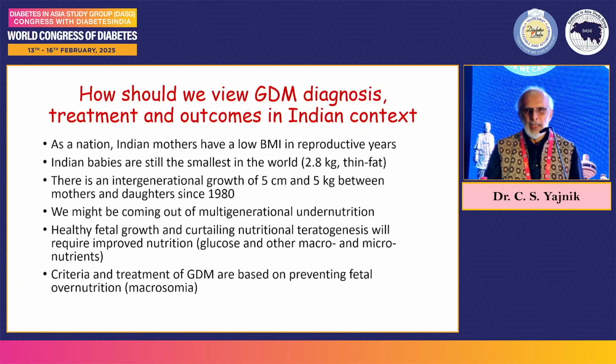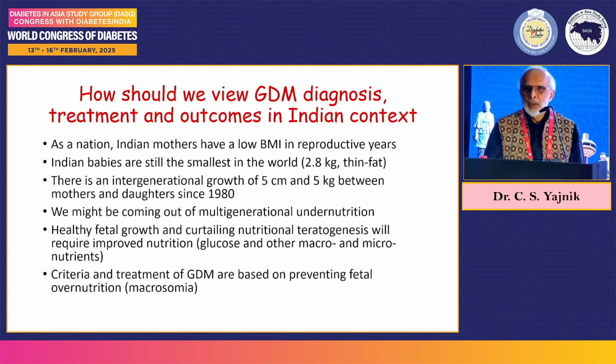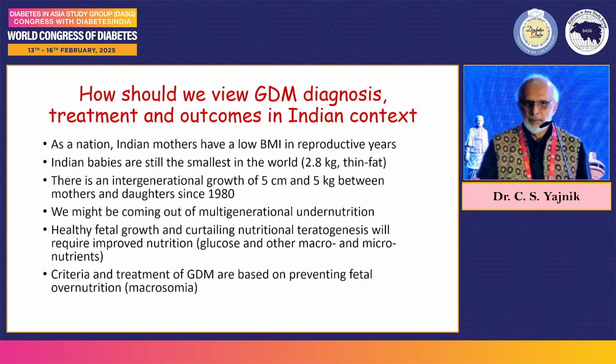And you know my clinical trial of B12 and folate in the preconceptional stage to improve the outcomes. The criteria and treatment of GDM are actually based on preventing fetal overnutrition. So fetuses which have been undernourished for centuries are trying to grow to what we think would be normal, and by diagnosing mild GDM, especially based on fasting glucose, we are doing everything to prevent that.